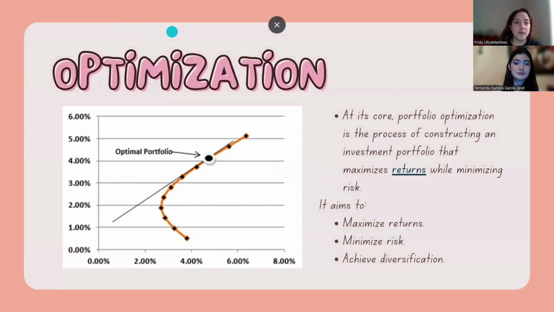So now we have to know what optimization is. Portfolio optimization is the process of constructing an investment portfolio that maximizes returns but at the same time minimizes the risk and achieves diversification. In this graph, we have two lines.